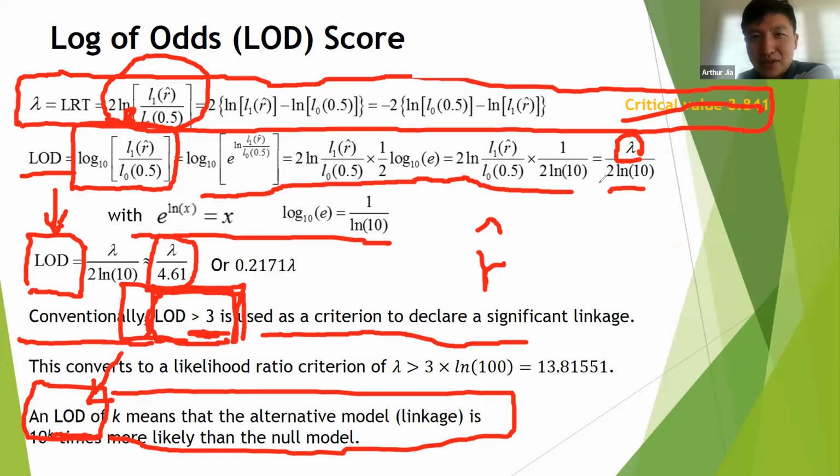It doesn't matter for a statistician whether you use this or that, it's the same. But people who dislike statistics like to use something like this, because it's easy for them to interpret their results. They say, a lod score greater than 3, this is a statistically significant linkage.